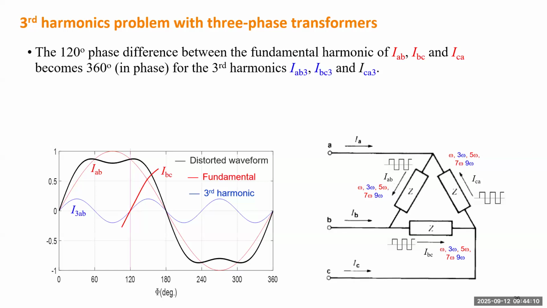So the third order harmonic current for the phase from B to C will be this one. You see that is exactly aligned with the third order harmonic of IAB. If you do that for ICA, it's also the same. Basically, the third order harmonic currents of the 3 phases add on to each other.